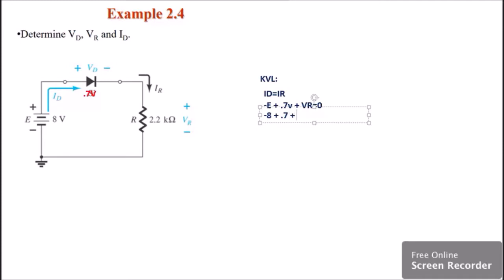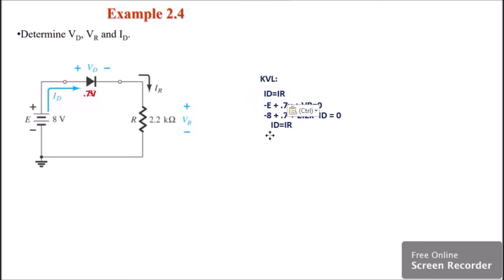VR is equal to, V is equal to IR, so IR times R. Wait, R is given. So this is 2.2 kilo ohms. I'm not going to write ohms. Now, take note na yung IR natin dito is the same as ID. Tama po ba? So, papalitan ko na lang to ng ID kasi ID naman talaga yung hinahanap.